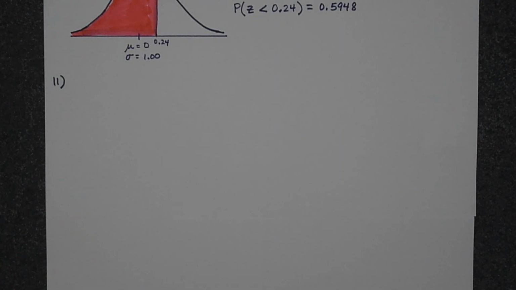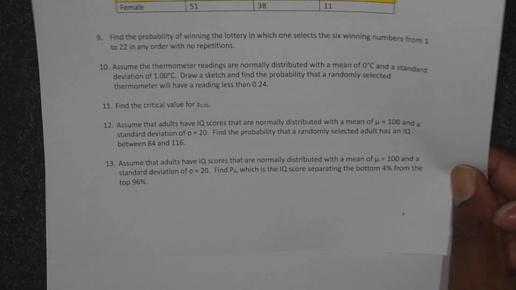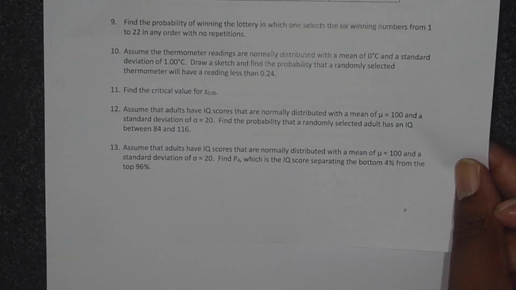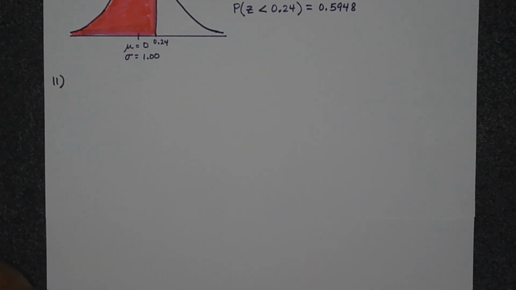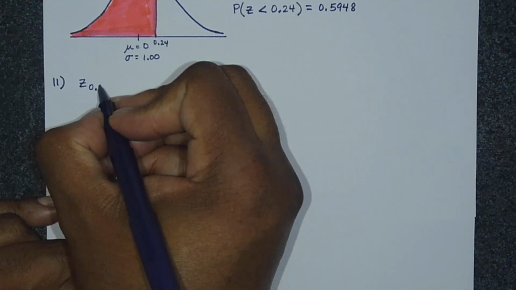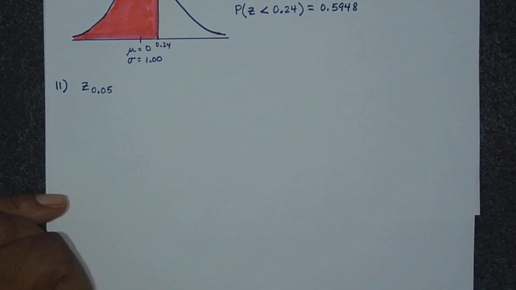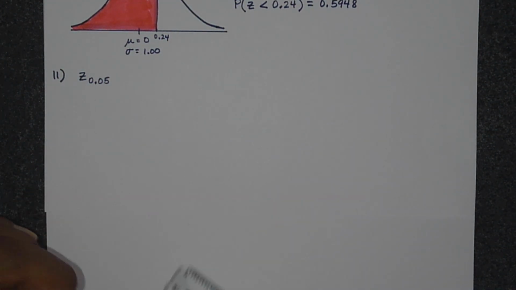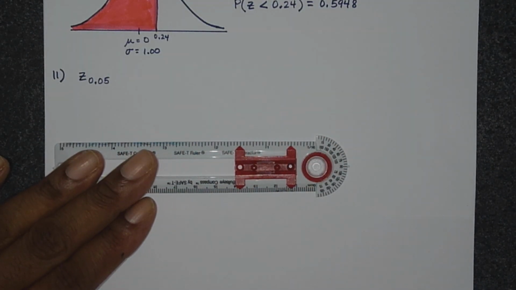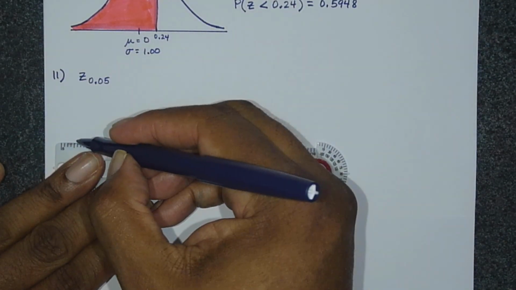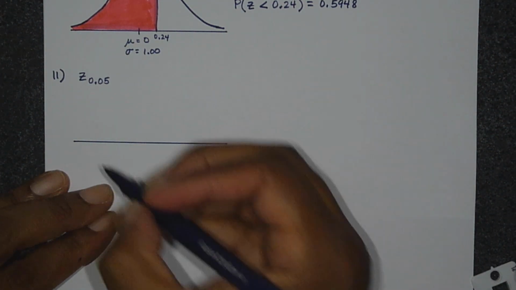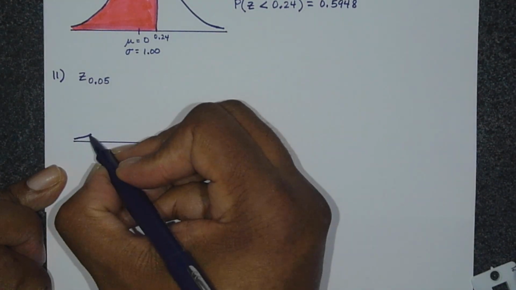All right, number 11. It says find the critical value for z sub 0.05. Now, when we're dealing with the critical value, that 0.05 represents the area from the right.